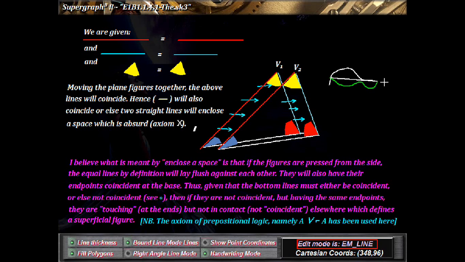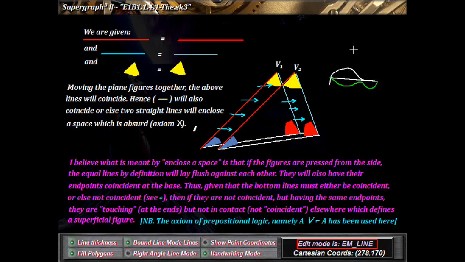The fact of these two lines not being coincident at every point between these two points where they are coincident implies that the lines enclose a space. They must somehow be separating somewhere.